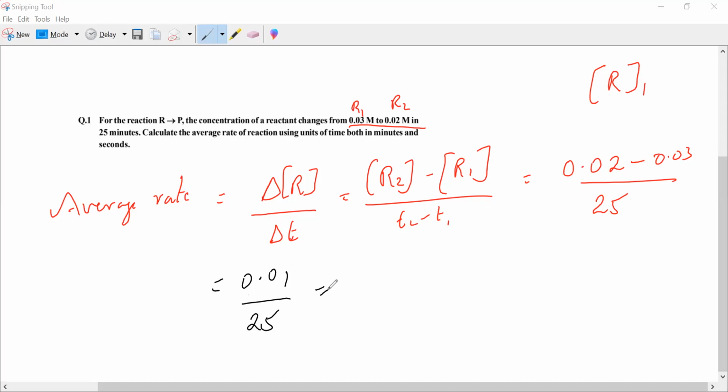So what is the answer of 0.01 by 25? One answer I already got. Others?